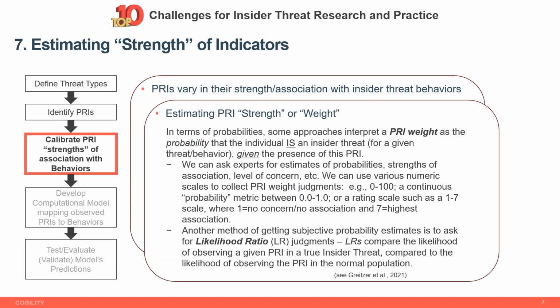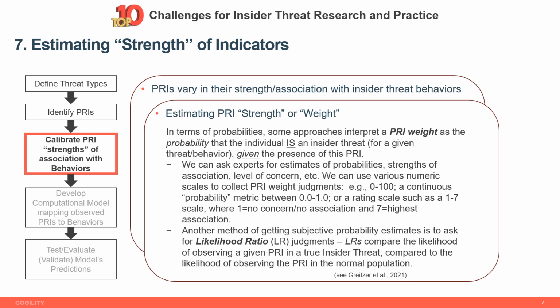To support threat assessment modeling, we use various methods for extracting expert knowledge or opinion about the strength of association between a given PRI and a particular threat behavior of interest. We refer to this as the PRI strength or its weight or level of concern, and it can be estimated using various scaling methods.